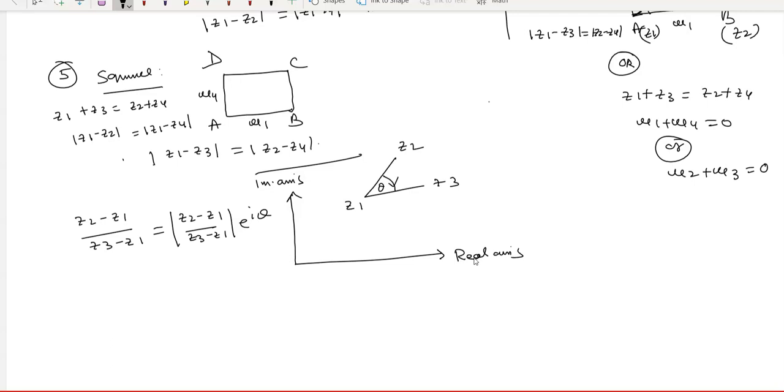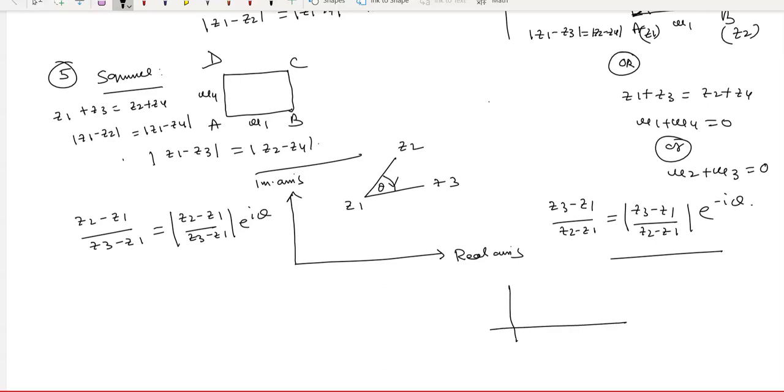But if anybody takes this manner, Z3 minus Z1 by Z2 minus Z1, then the sense of rotation going from this vector Z3 minus Z1 to Z2 minus Z1, this time it will be mod of Z3 minus Z1 by Z2 minus Z1 mod e to the power minus I theta. Okay. And if there are two complex numbers in this form, we will often use this one.